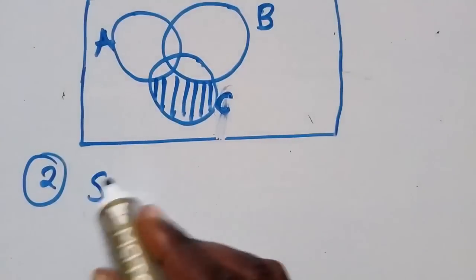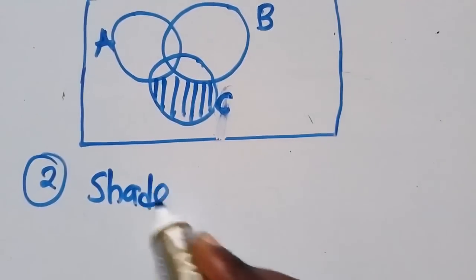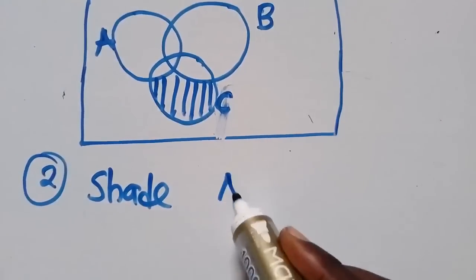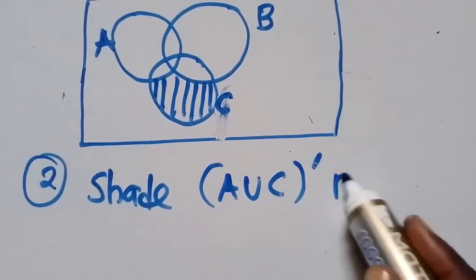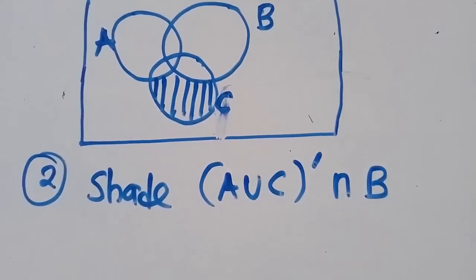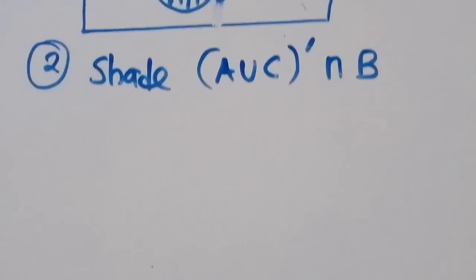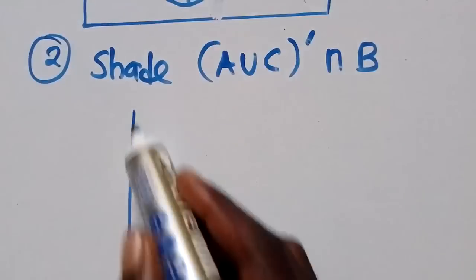You make 3 boxes. You shade A union C complement intersection B. So these are the two questions that I want you to practice here.